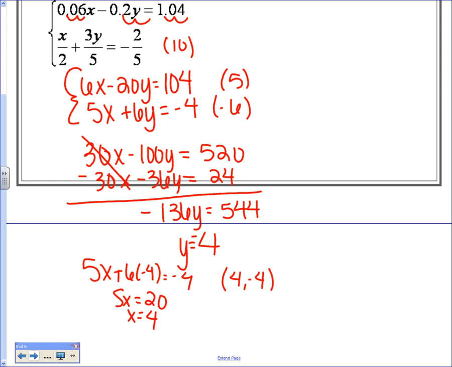Change them to whole numbers, and then you do them just like you always have. Do you have to change them from fractions and decimals? You can work with the fractions and decimals in there if you prefer. I just think it's a little bit easier mentally to do it without the fractions and decimals. Any questions here?